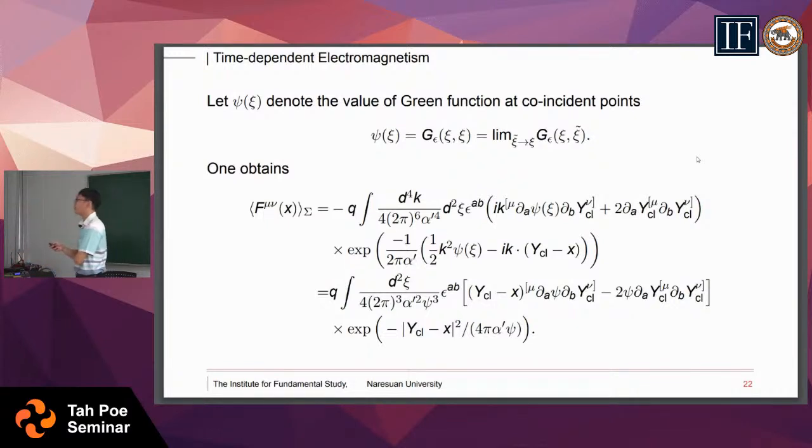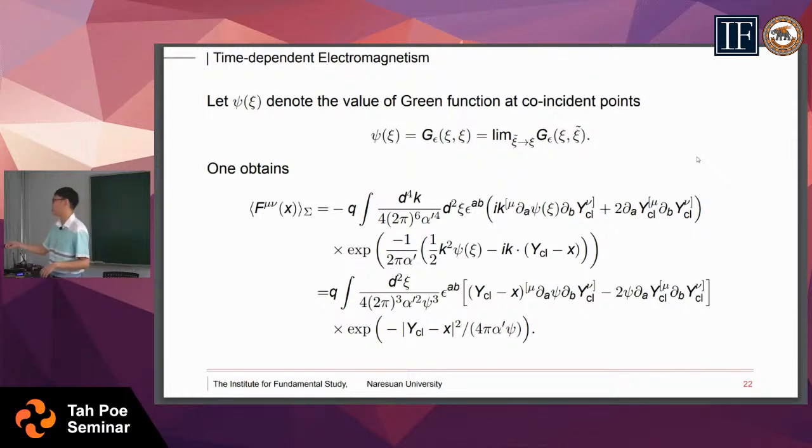It turns out that your functional average of the field strength tensor can be expressed as here. And now what we need to do is integrate out k. And when integrate out k, you have the final expression here.